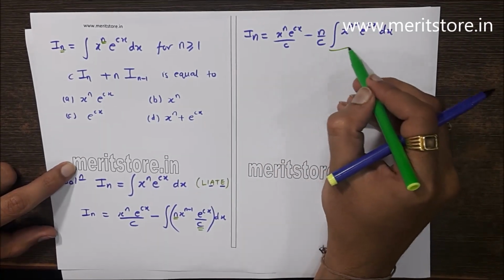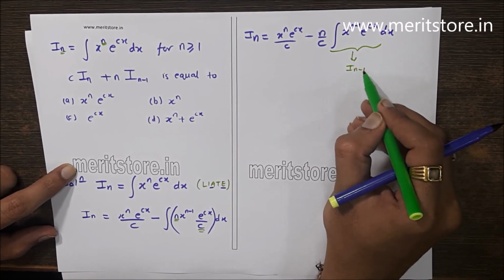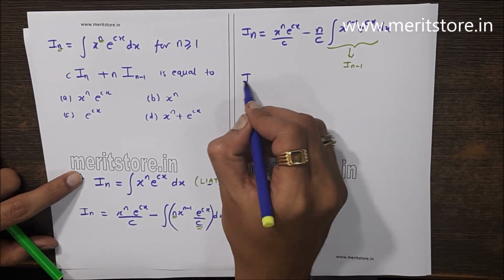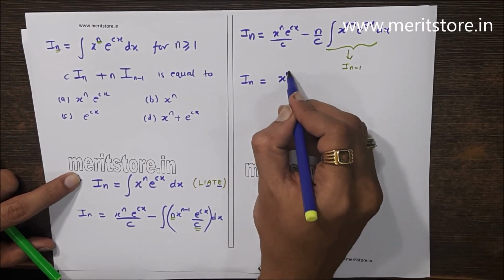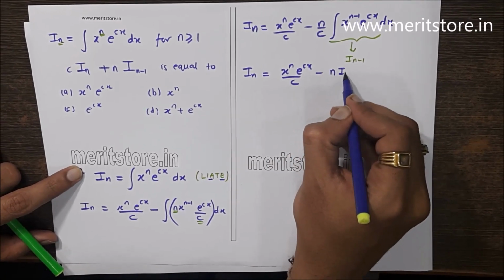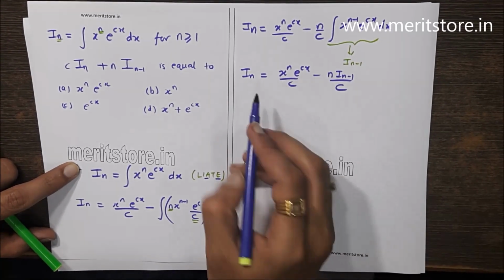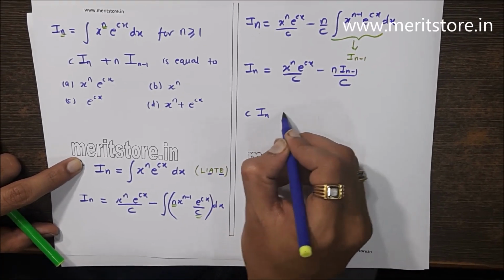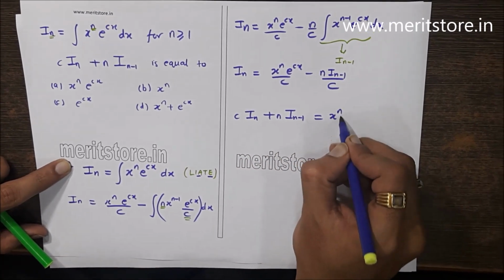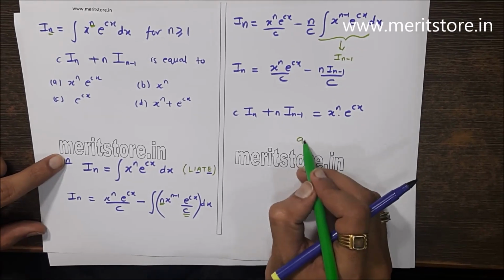N and c are constants. Now when we observe, this term is nothing but In minus 1. So In is equal to x raised to n e raised to cx upon c minus n In minus 1 upon c. The denominator is the same. Shifting the terms, we get c In plus n In minus 1 equals x raised to n into e raised to cx, which matches our option A.